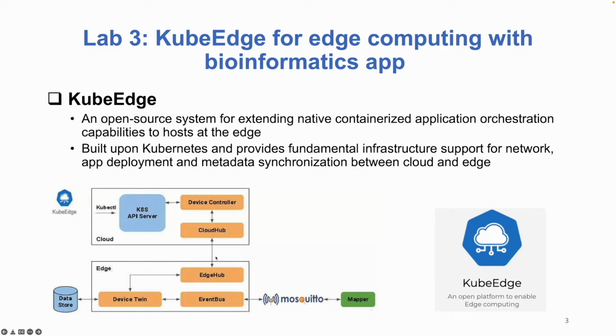Based on this communication, the commands can be issued to the edge nodes, and based on the events stored in the message queue, the Mosquitto message queue will use a mapper to map the application or jobs to an edge node device. In this case, you bring up a Kubernetes cluster not only in the cloud, but also on your edge side with your local machine or IoT devices.